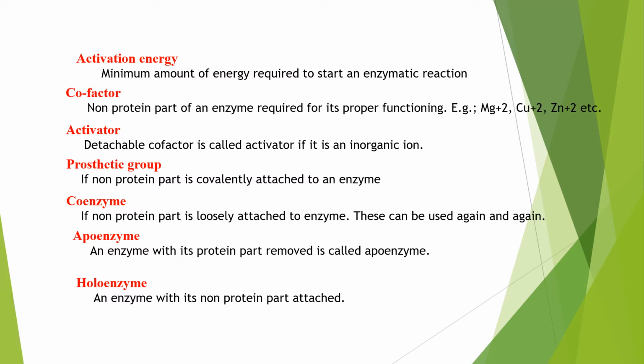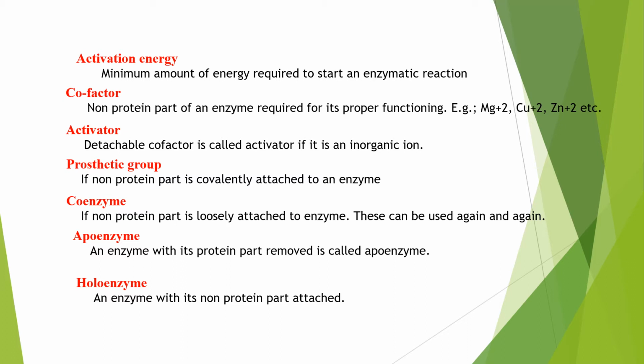Now, if the non-protein part of enzyme is covalently or permanently attached to the enzyme, this is called prosthetic group. P for prosthetic, P for permanent. Coenzyme, if non-protein part is loosely attached to the enzyme, then this will be called as coenzyme. And as it is loosely attached, it can be detached and can be used again and again.